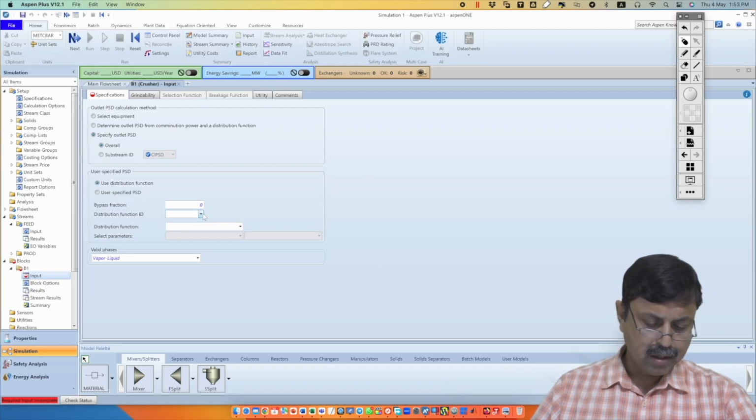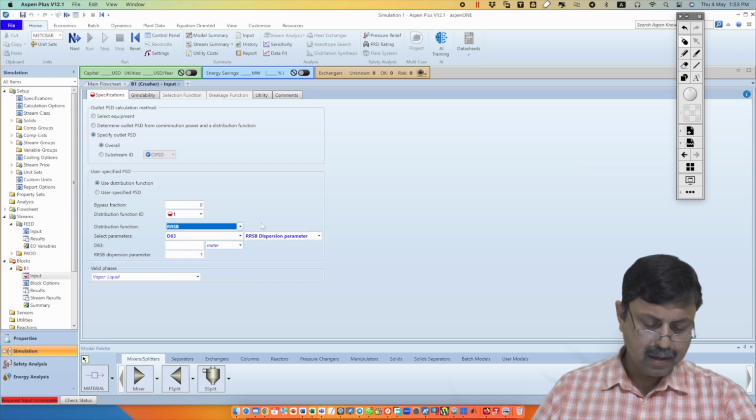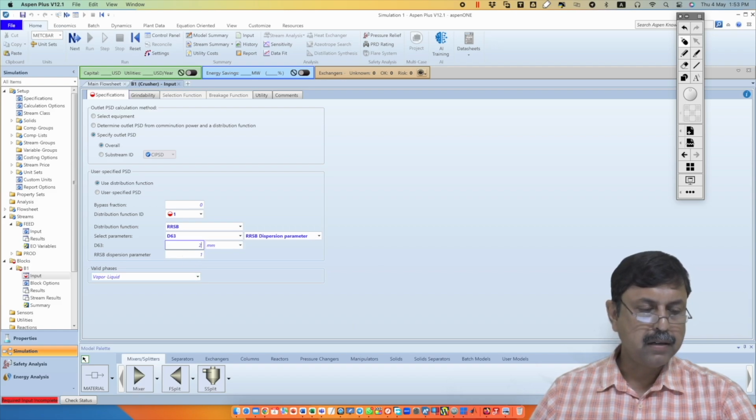So this is the new distribution function ID. The distribution function is RRSB. D63 is 2 millimeter, right?